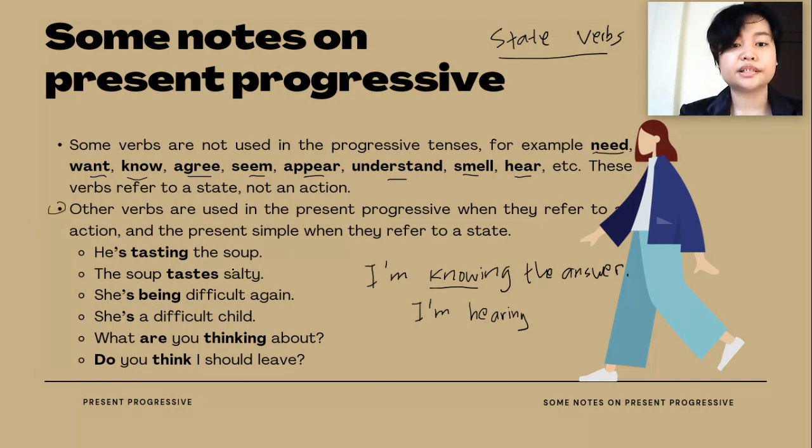He is testing the soup. Miss, this is a state verb. Yes, but the state verb is describing an action. However, if the state verb is describing a condition like this, the soup tastes salty, so you cannot add ing at the end of the verb.